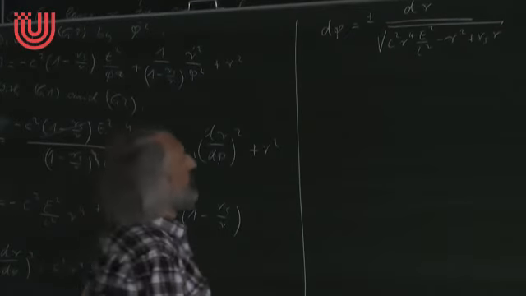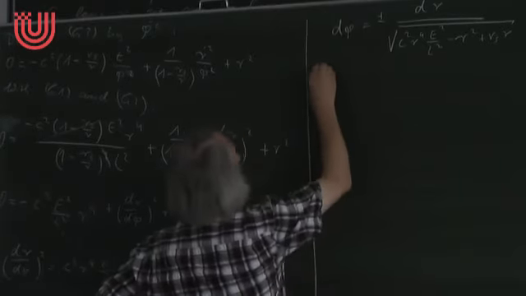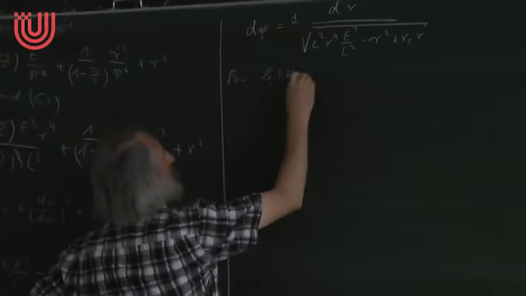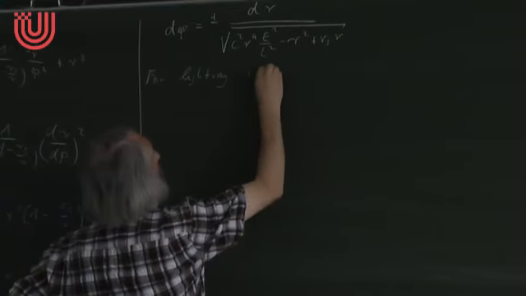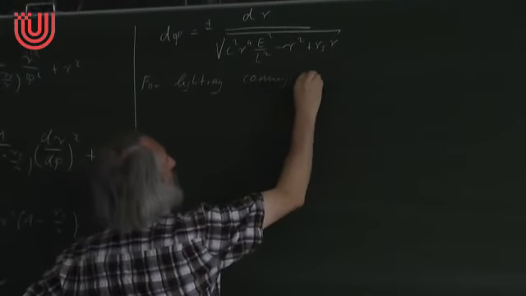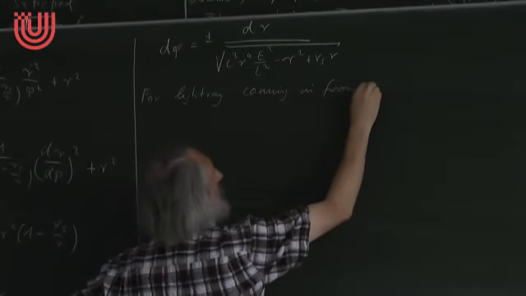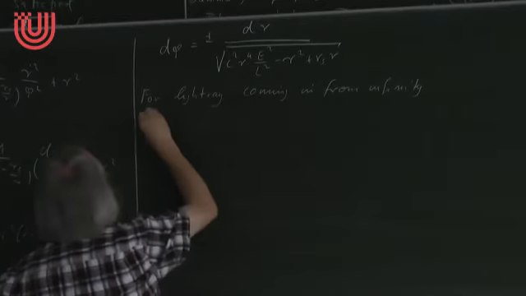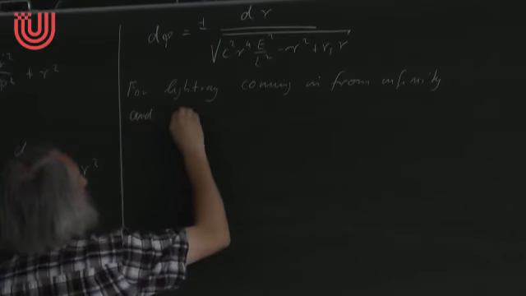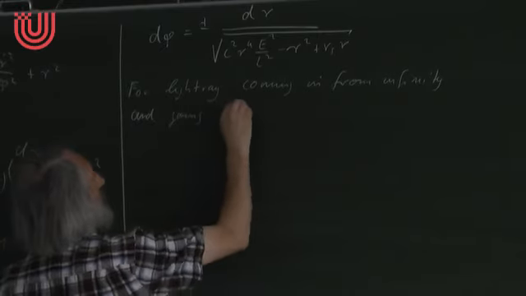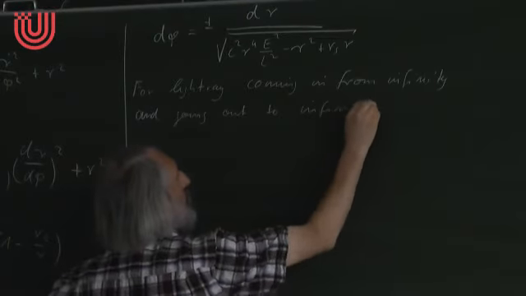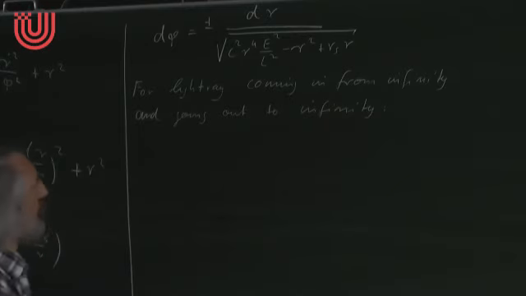And what we want to calculate is for a light ray coming in from infinity and going out to infinity. Well, the geometry would be something like that.